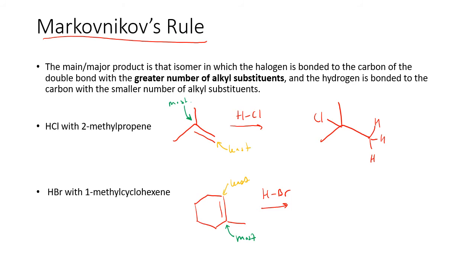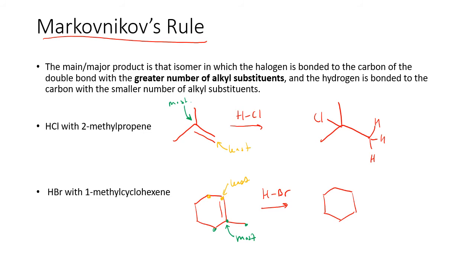So technically, since it's in a ring, it's a little bit different when you look at it. This one, at this least substituted position, just has one alkyl group that's attached there. Whereas at the most substituted position, we could go towards the methyl group or we could go towards the ring. So it's like there's 2 alkyl groups on that side. So our product then, we would have our cyclohexane ring.